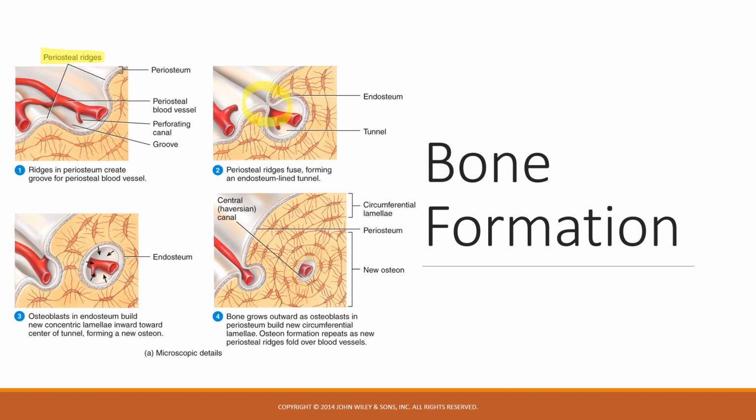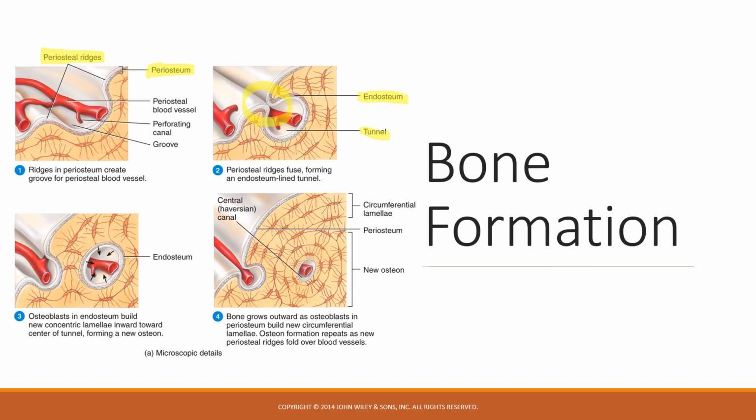And the groove actually becomes a tunnel that encloses the blood vessel. The former periosteum, which is the outer lining, then becomes the endosteum, or the inner lining that lines the tunnel.